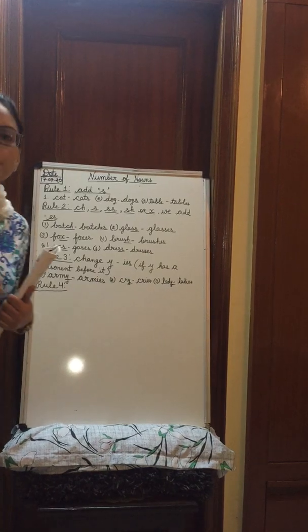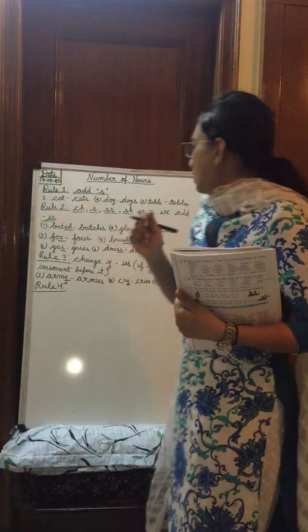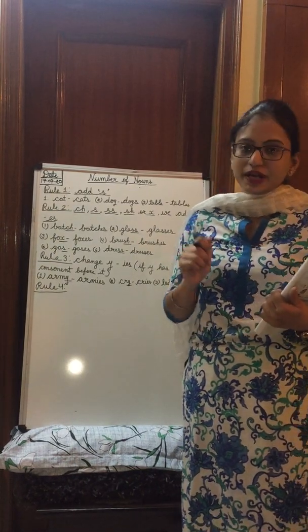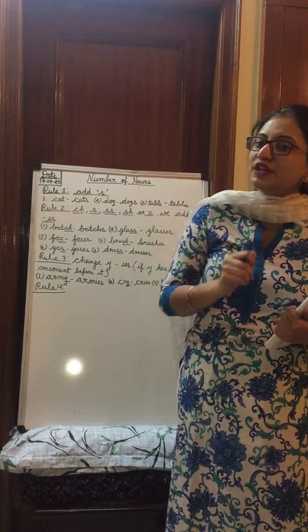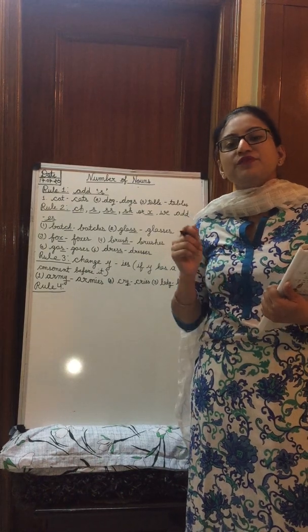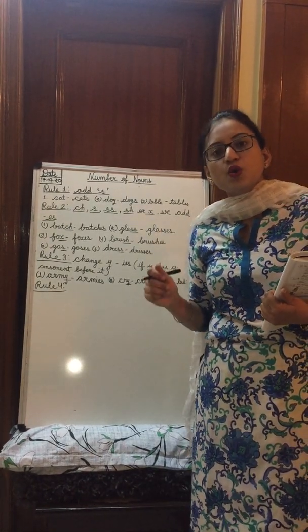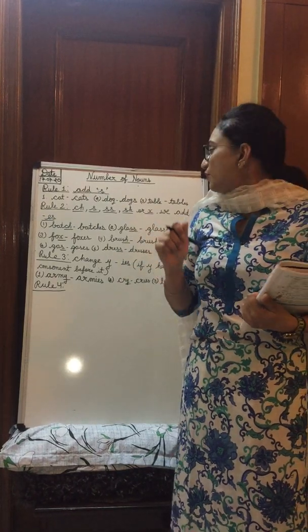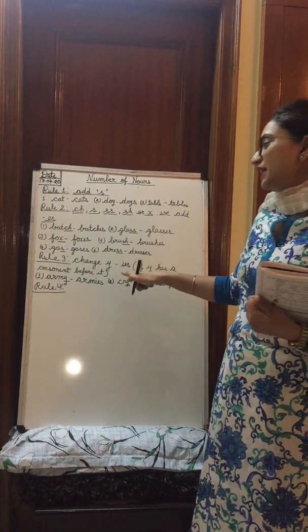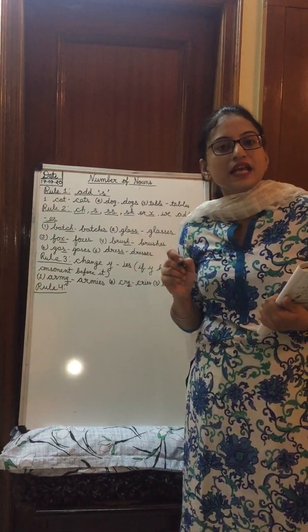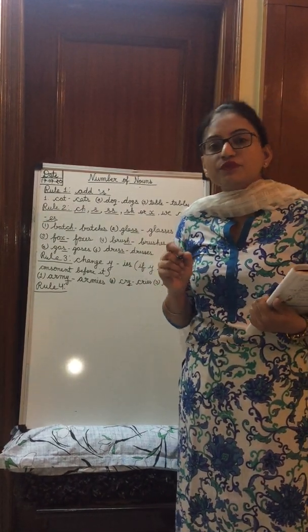So in rule number 4, if the noun ends with Y but Y has a vowel before it, that means if Y has an E, I, O, U, then we will not change Y into IES. We simply add S at the end of the word.